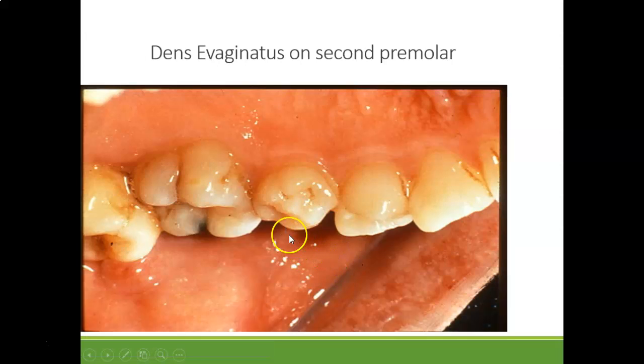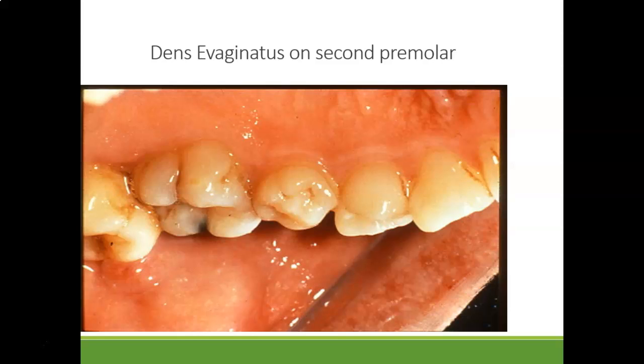Then we have the dens evaginatus, and that is where the enamel has outfolded. The dens in dente is where it has infolded on itself, and you have enamel structure and everything inside the tooth, which is that tooth in the tooth.